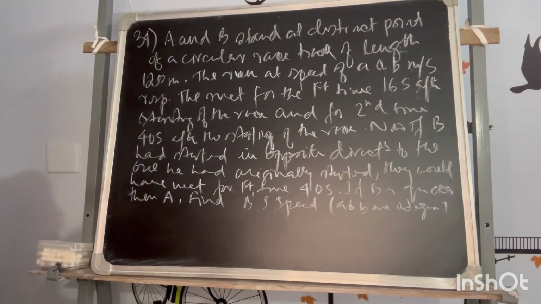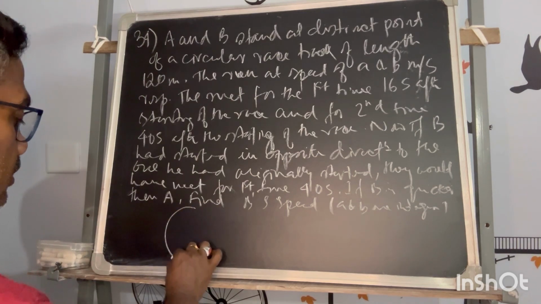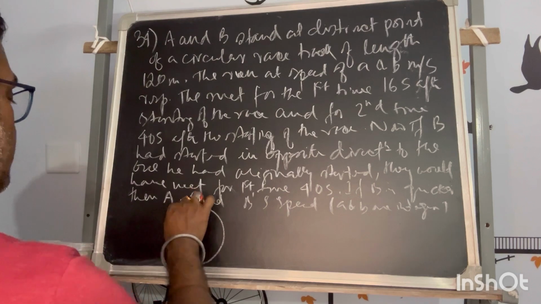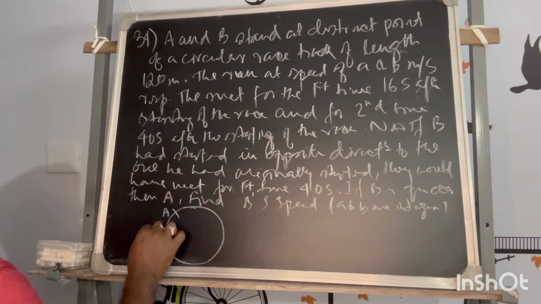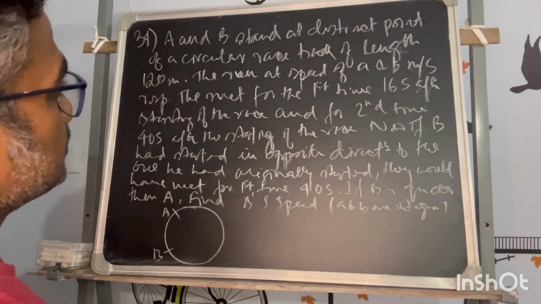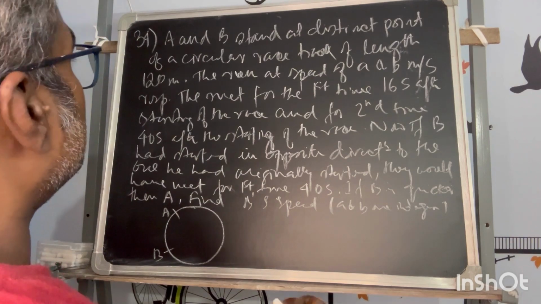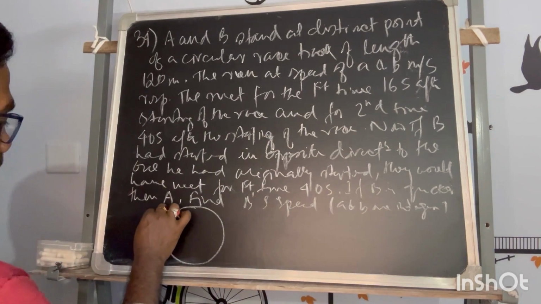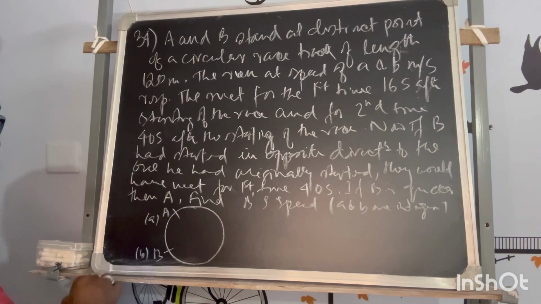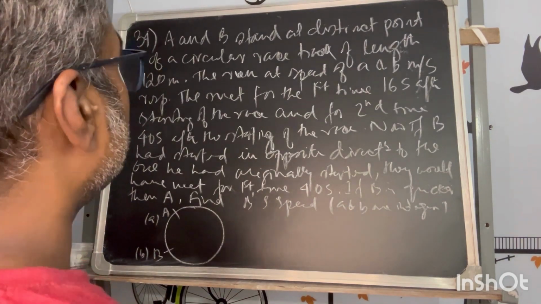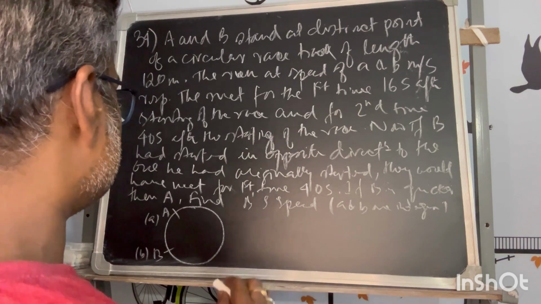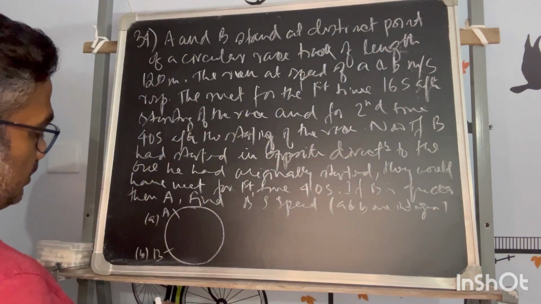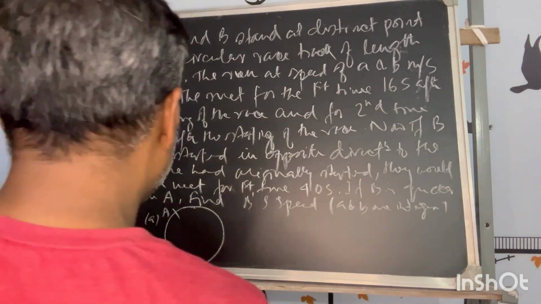Okay. So now A and B are on a circular track. A and B are at distinct positions. We don't know what the position of them is. They run at speeds A and B meter per second. They met for the first time at 16 seconds. Now, initially it is not said in which direction they are moving.